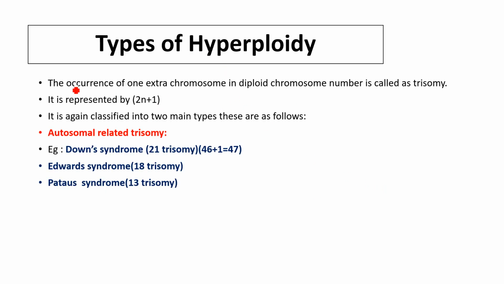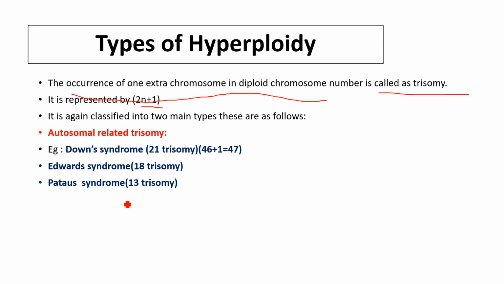See here, the occurrence of one extra chromosome in the diploid chromosome is called trisomy. Addition of the chromosome means 2n plus 1. It is again classified into two main types. The first is the autosomal related trisomy.